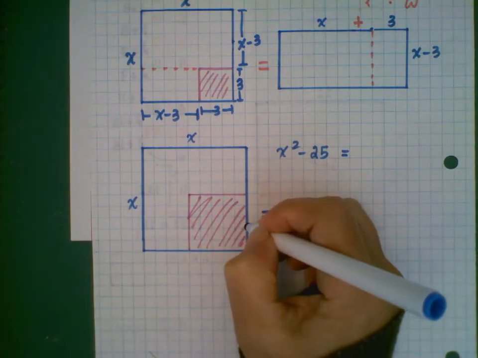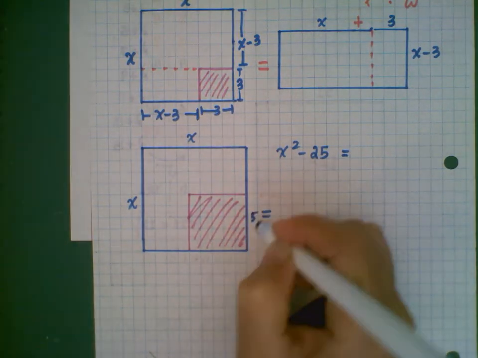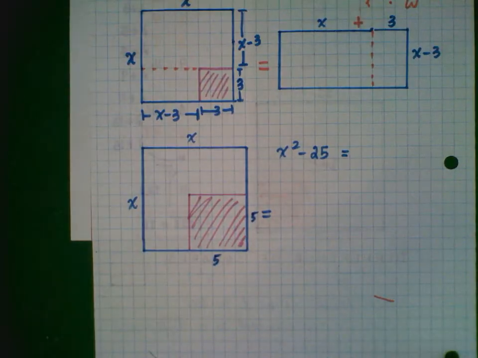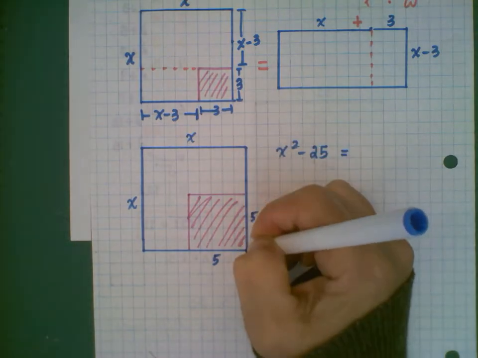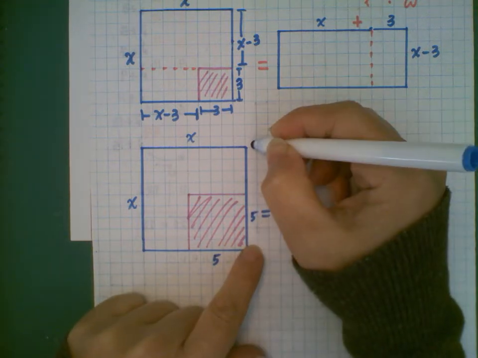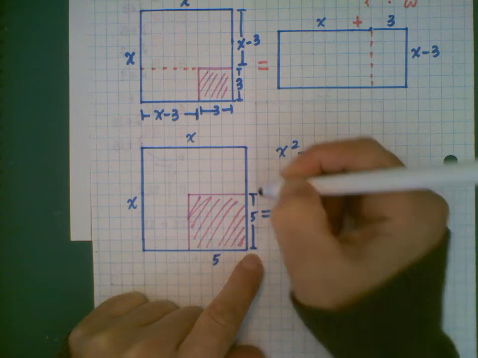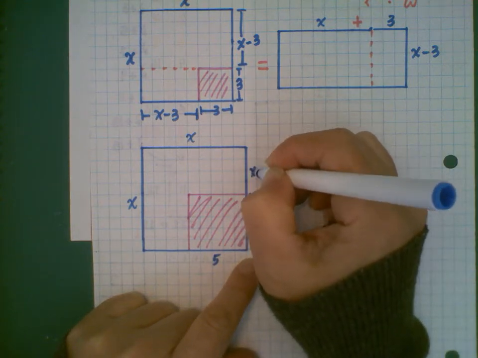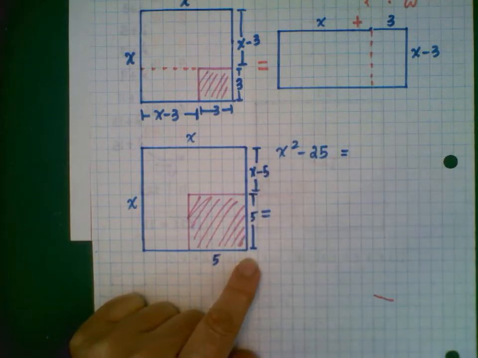Okay, so now I'm going to label some more of the dimensions. 25 is a 5 by 5 square. The height of this side is total x. So when I remove 5 from that x, that's the expression for this piece that's left over, right here.